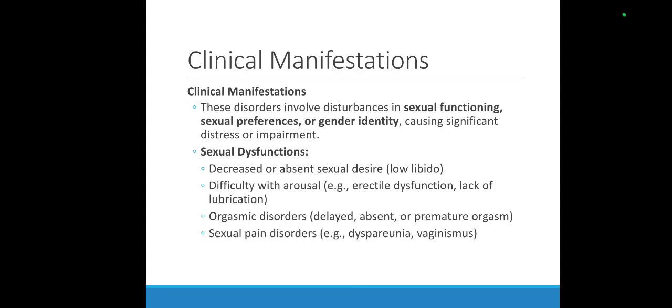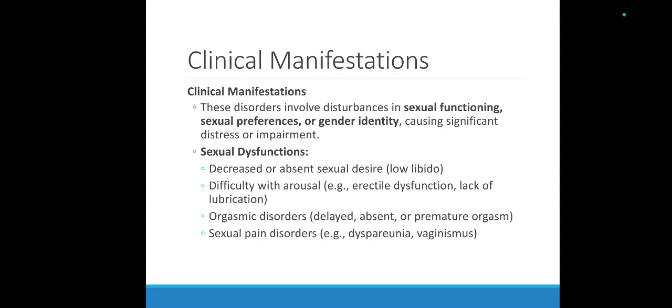Okay, so what are the clinical manifestations? These disorders involve disturbances in sexual functioning, sexual preferences, or gender identity, causing significant distress or impairment. Sexual dysfunctions may include decreased or absent sexual desire or low libido, difficulty with arousal, such as those patients who experience erectile disorders or lack of lubrication.